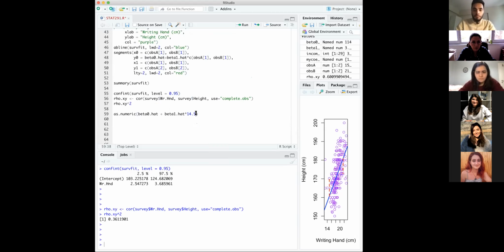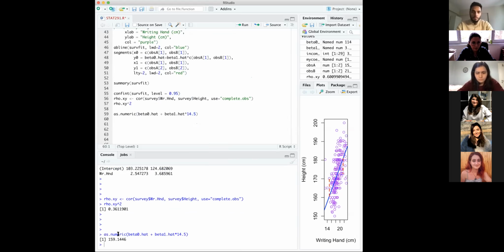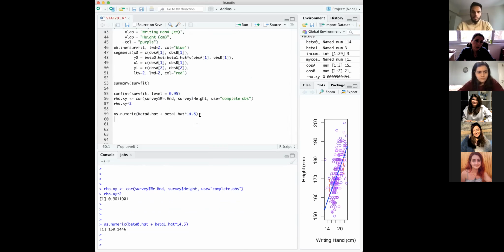You can use anything you want here as a hand span. If my hand span is 14.5, my height is going to be 159 as an estimate. This is just an estimate in here. You can find your hand span, I think it is from here to there, something like that. Maybe you can find your own and add it here and see if it is similar to yours.